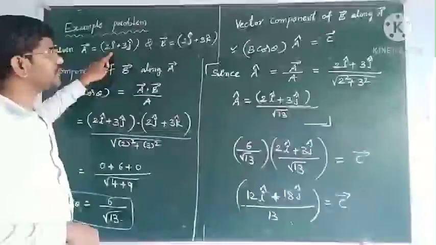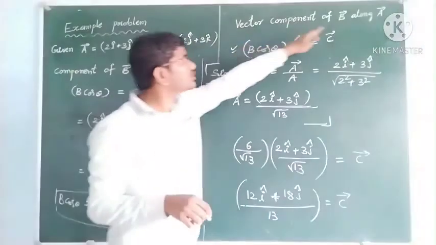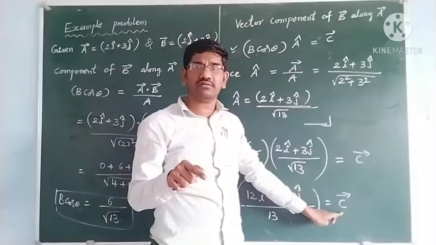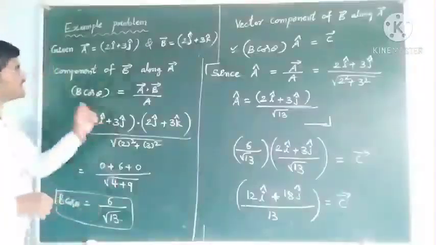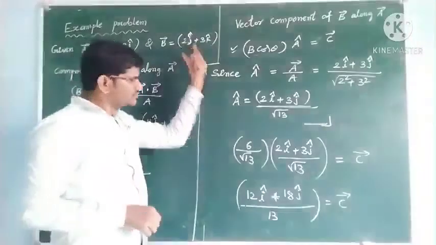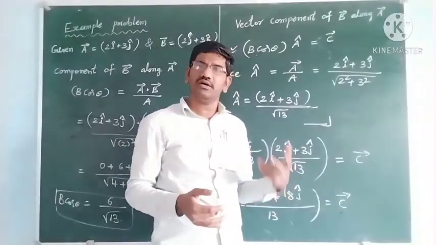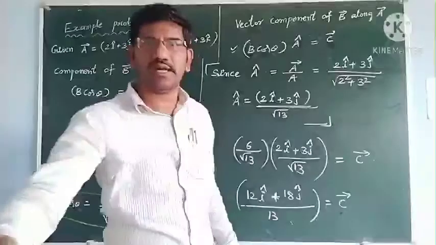Because b bar vector's component in the direction of a bar is c bar. Then from the b bar, if you subtract this c bar, you will get the vector perpendicular to a bar. So please practice students. Thank you.